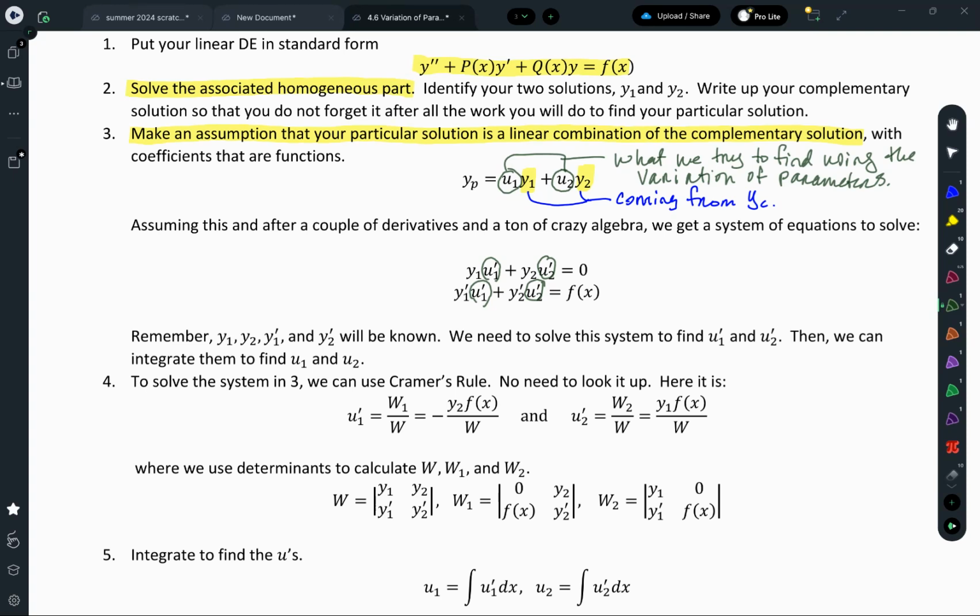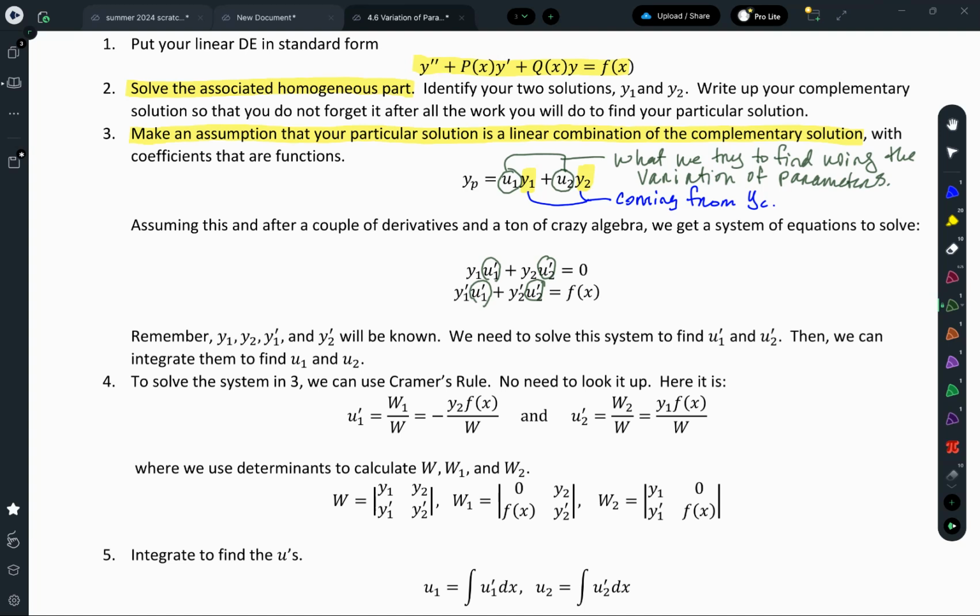We could use a process of elimination or a process of substitution, but ultimately there's a nice shortcut way that we can use every single time that will work, and it will allow us to find u1 prime and u2 prime without having to make a decision on what method will work best for me to solve for these things this time, okay?